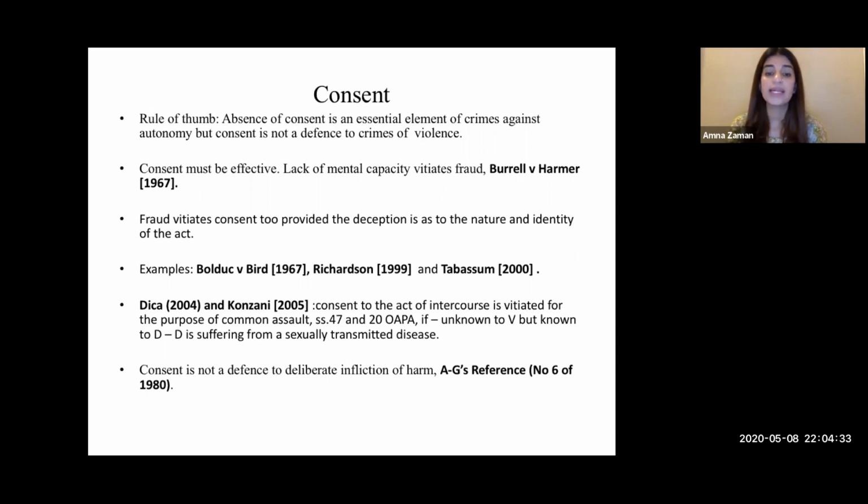So if you are deliberately inflicting harm on the other person, and they consent to it, their consent will not be a defense and you will still be charged.